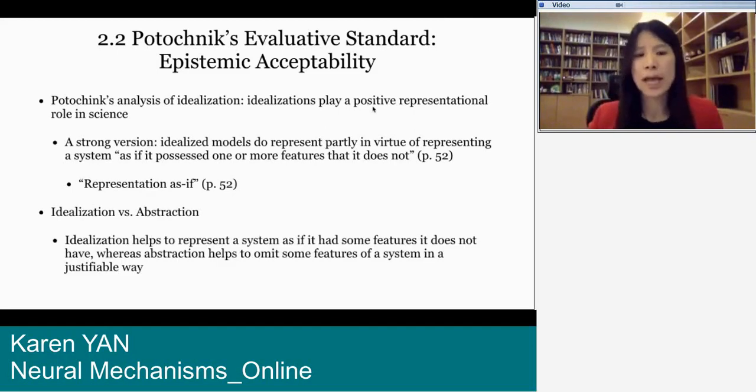So idealization helps represent a system as if it has some features it does not have, whereas abstraction helps omit some features of the system in a justifiable way. And this distinction is going to be relevant for what I'm going to do in session 3. So please keep it in mind.